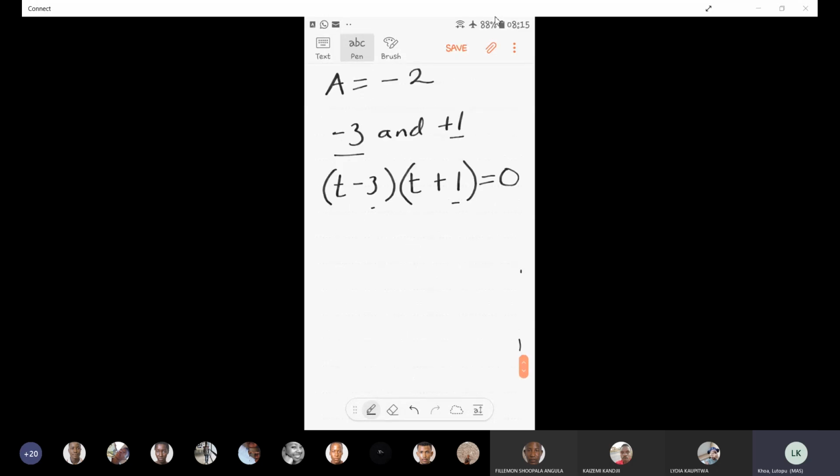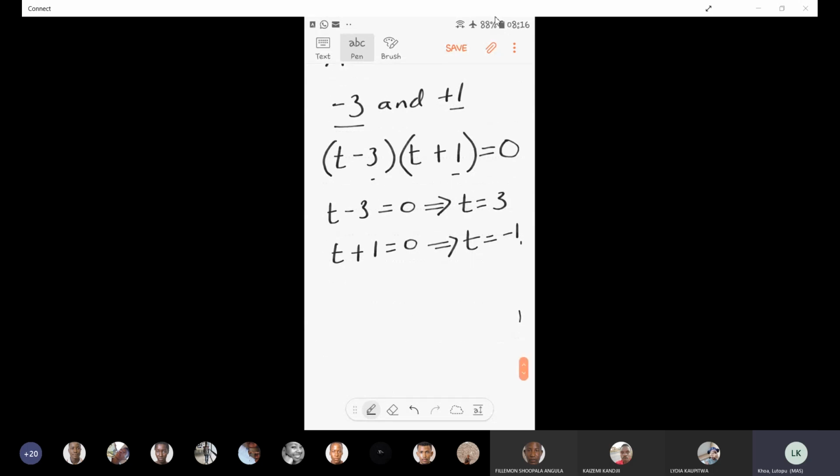So dividing by 1 doesn't change anything. Then you say the first bracket, t minus 3 is equal to 0, and then t plus 1 is equal to 0. So if t minus 3 is equal to 0, this means that t is equal to 3, and if t plus 1 is equal to 0, this means that t is equal to -1.